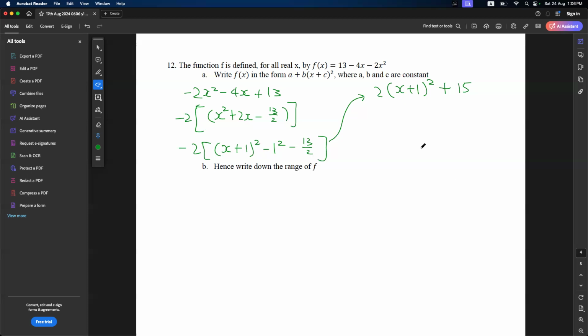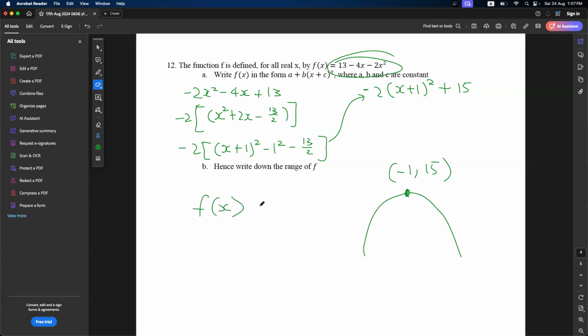Sorry, I didn't write the negative here. But looking back at the original equation, this is definitely a negative quadratic graph, with a maximum point, which is negative 1, 15 here. So if I want to find the range, what's the range here now?